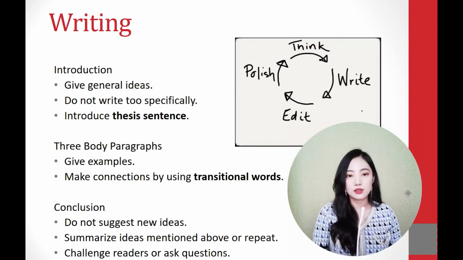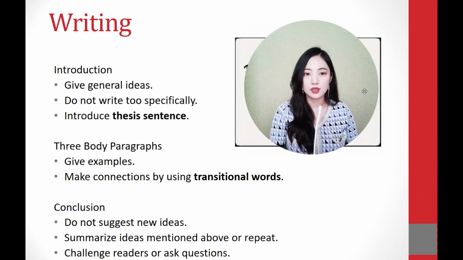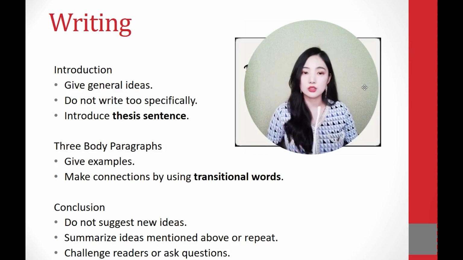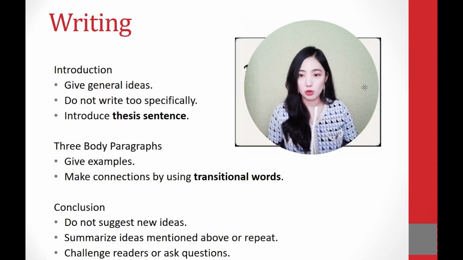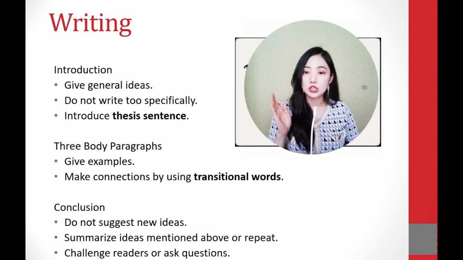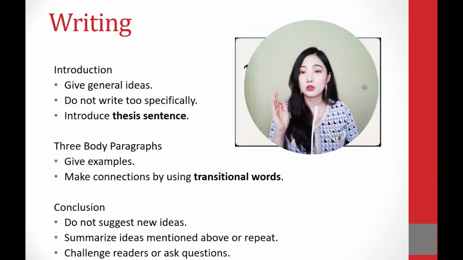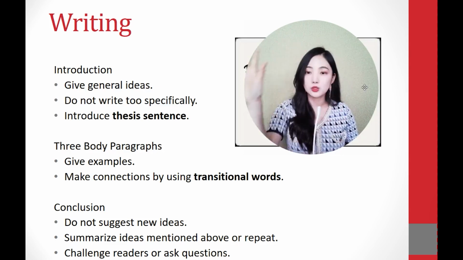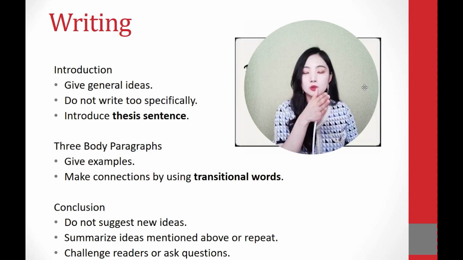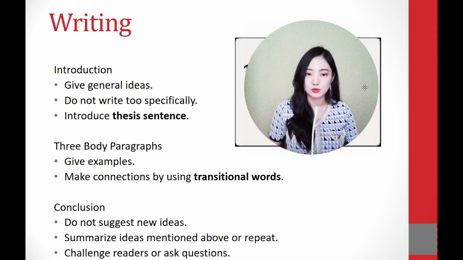So here is some writing process, okay? So in introduction, you talk about general ideas. What's general ideas? General idea means not specific ideas, which means no details. In introduction, you don't talk about specific ideas or details, but you write it really broad and you really focus on general backgrounds.